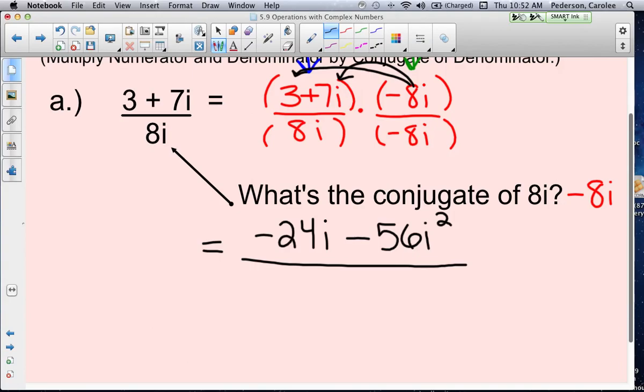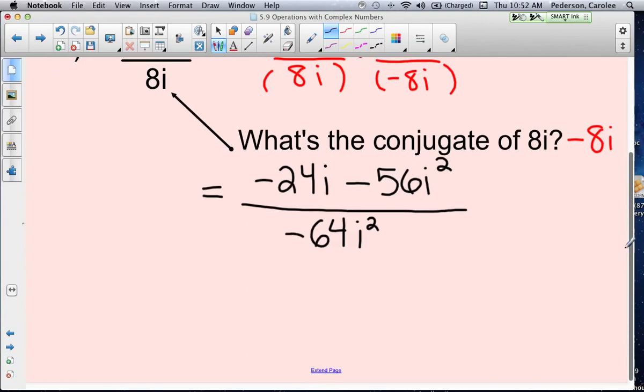So 8 times negative 8 is negative 64. And then i times i is i squared. Now remember, the i squareds can be dropped and then just change the sign. So that negative 56i squared, drop the i squared, change it to a positive 56. And then in the denominator, drop the i squared and change it to a positive 64.